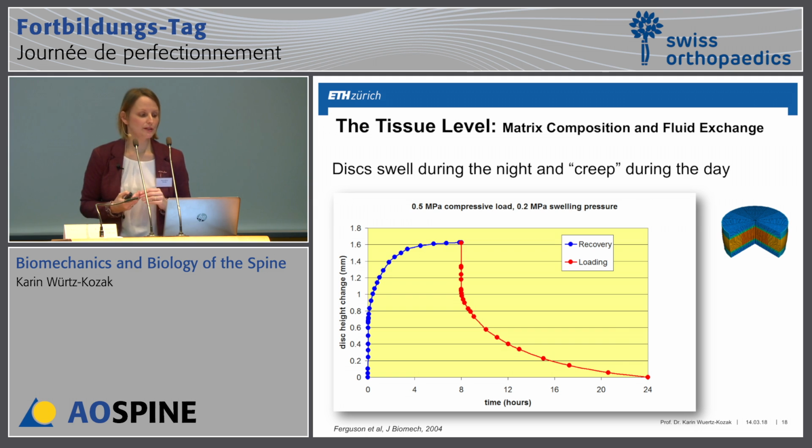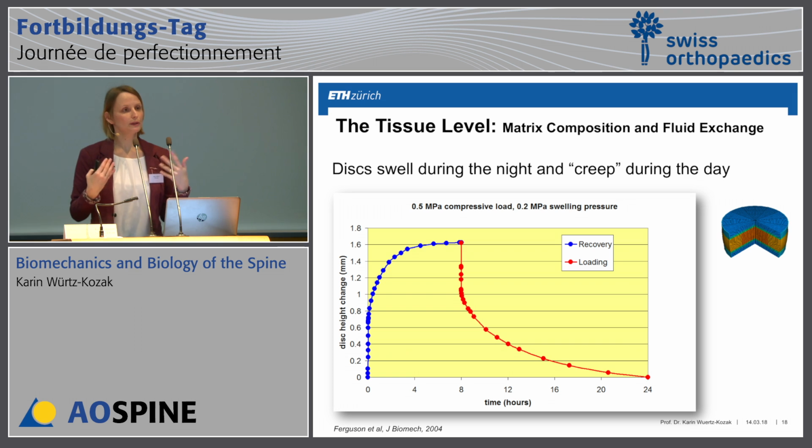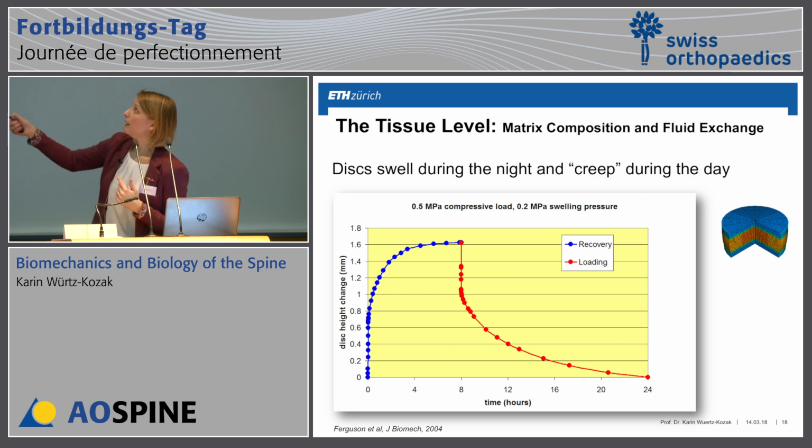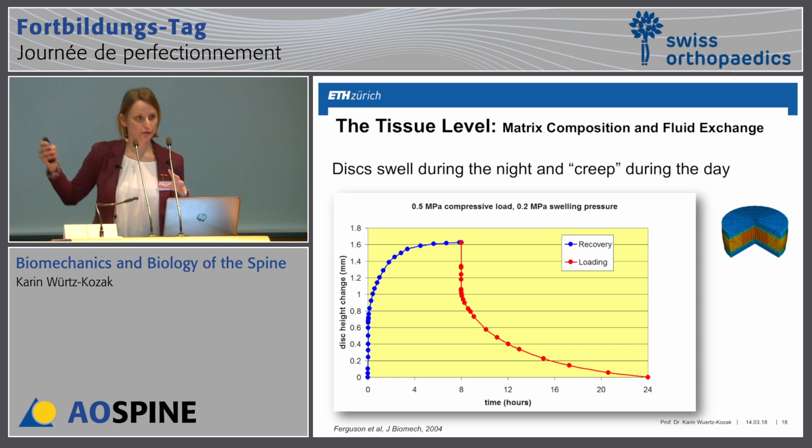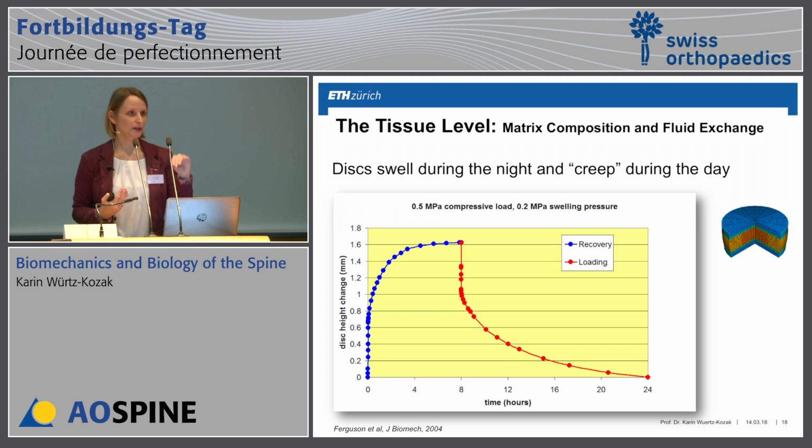And what happens is that because of this high water content, when you move during the day, you actually press out liquid, which you can see here. And then during the night, the nucleus pulposus specifically, because of the high proteoglycan content, takes it up again. You can actually see that in a change in disc height. So overnight, when the water is re-embedded, the disc height will increase by up to 10%, and then during the day, it will decrease, which is also the reason why in the morning you're a little bit taller than in the evening.